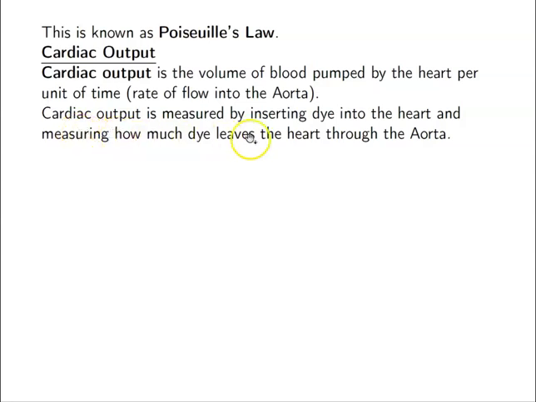So cardiac output is measured by inserting dye into the heart and measuring how much dye then leaves the heart through the aorta. So here, A is the amount of dye that's going to leave the heart. Here, F is that flux. This is the flow through the heart, right?